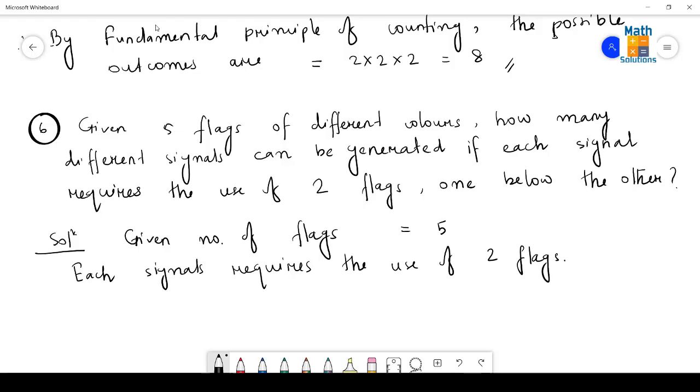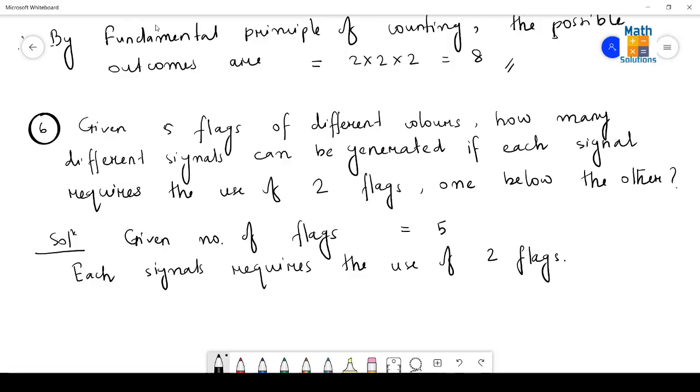Now one thing can be noticed here, that different signals have to be generated. Different signals are to be generated if each signal requires the use of 2 flags, suppose one below the other.